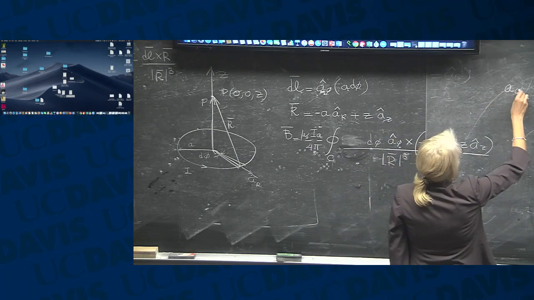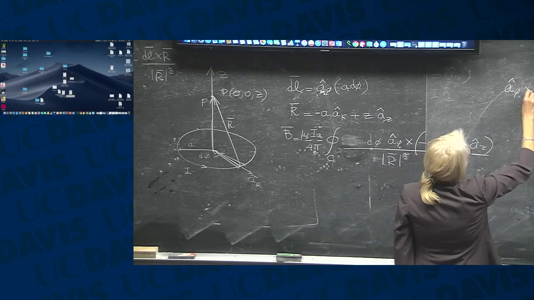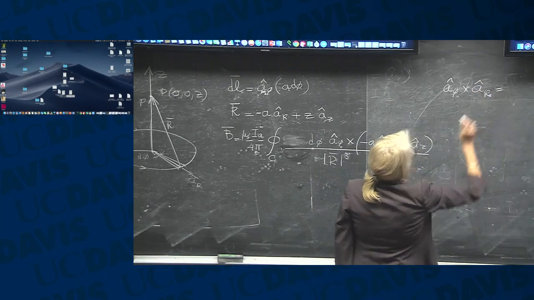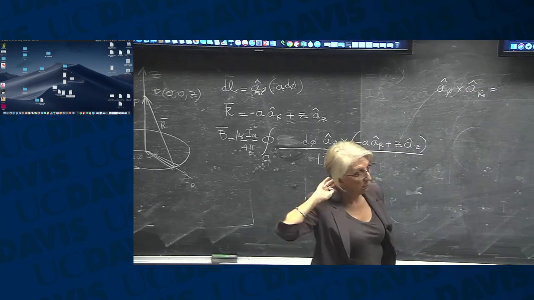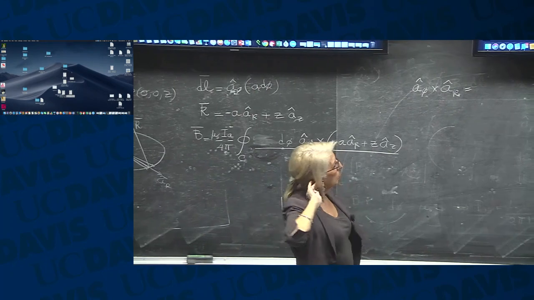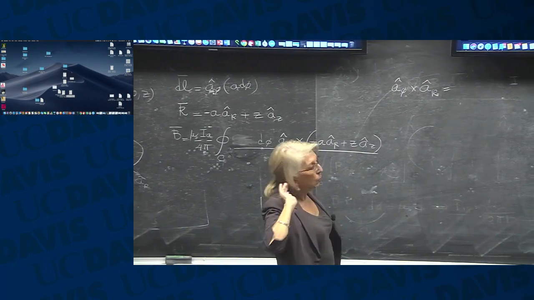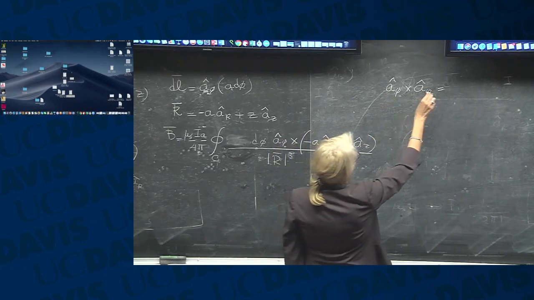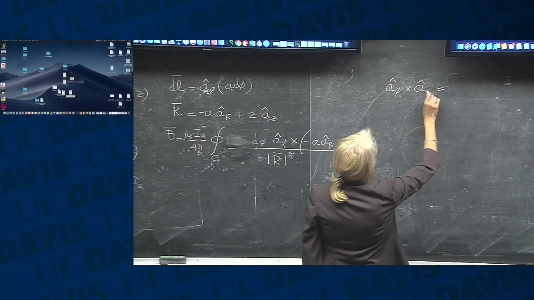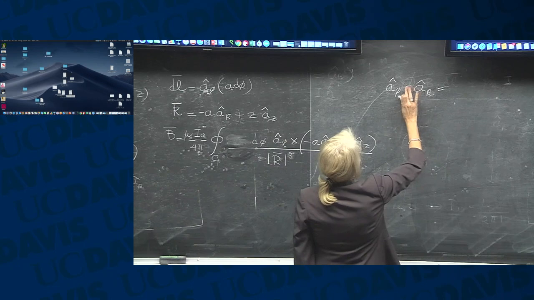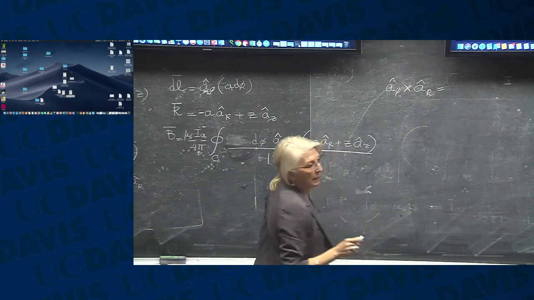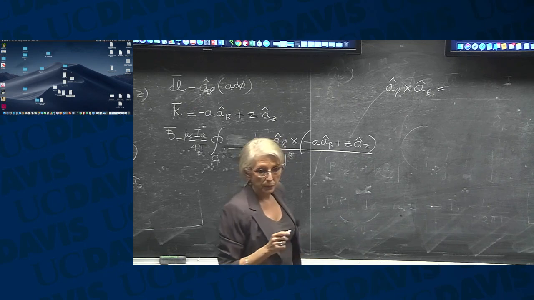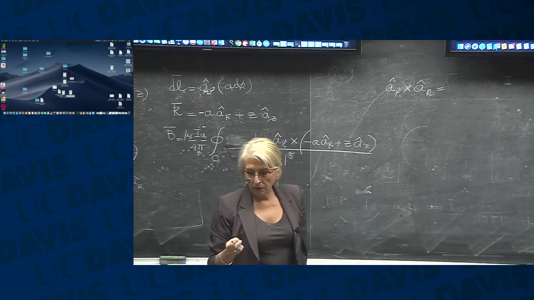So let me do here. A sub phi cross a sub r, what is it? They're not the same. This is a sub phi and this is a sub r. This is a cross product. How much is that? Plus or minus z?